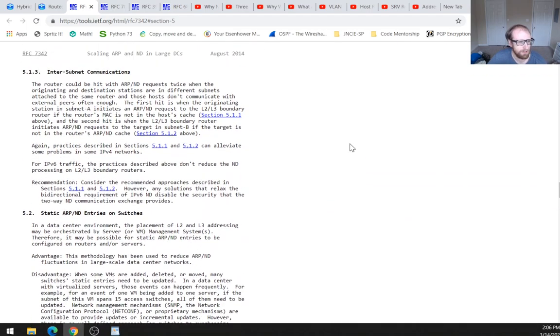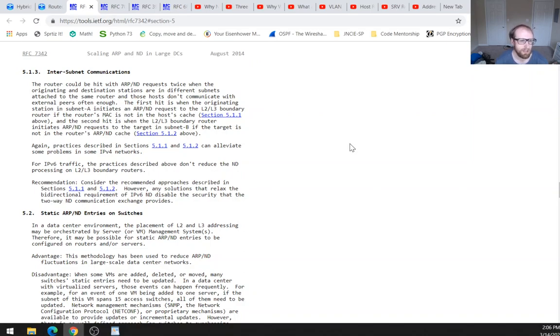Okay, next section, inter-subnet communications. The router could be hit with ARP/ND requests twice when the originating and destination stations are in different subnets attached to the same router and whose hosts don't communicate with external peers often enough.